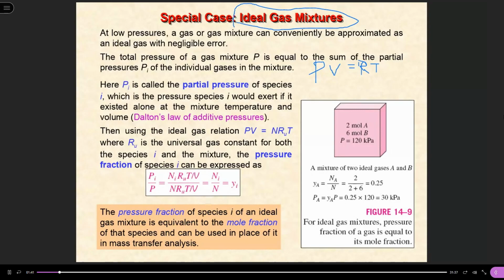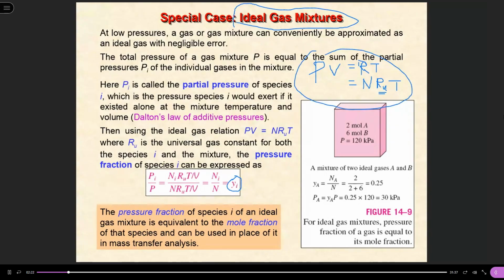Basically, we see for a perfect gas, the mole fraction is actually equal to, because for the perfect gas law, this will be equal to n times the universal gas constant, R_u T, and this is a constant. If this is a perfect gas, it obeys this law.